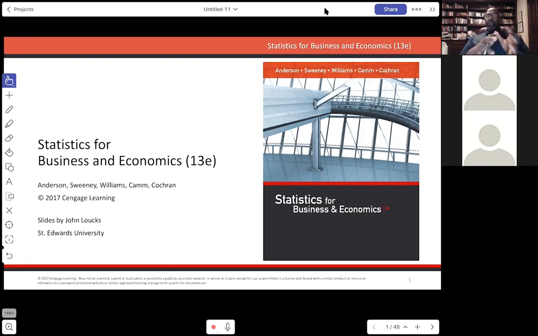Then we moved on to two populations where we were interested in the difference between two population means, whether or not the means are the same or they differ. And now we're moving to three or more populations. And we want to determine whether or not at least one of those means differ. So we'll assume that they're all the same and then find evidence for them to differ.